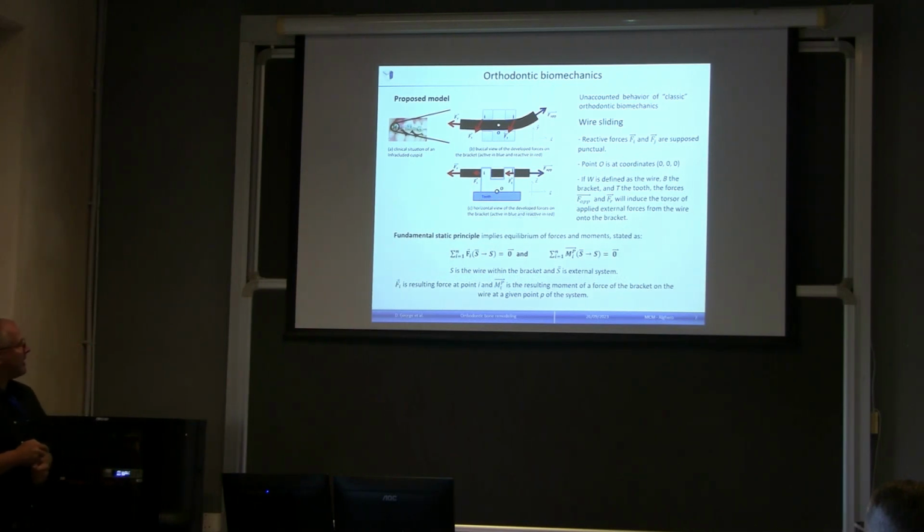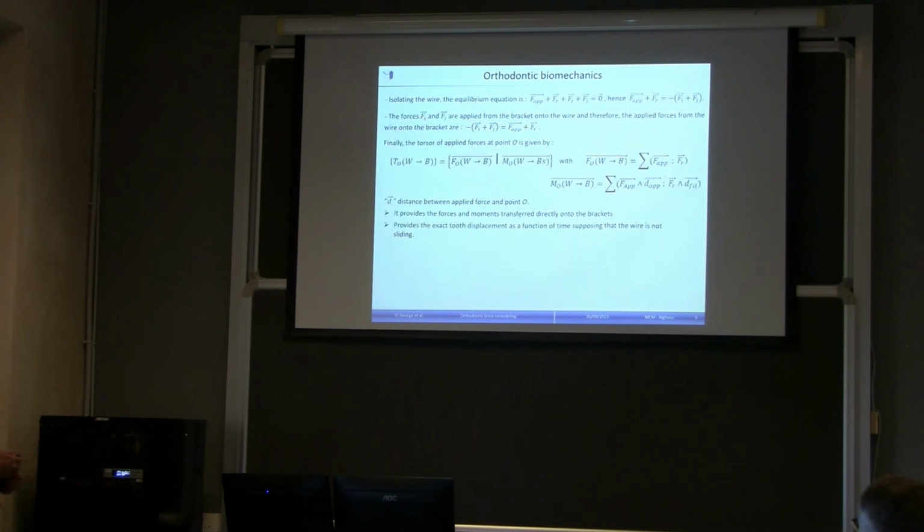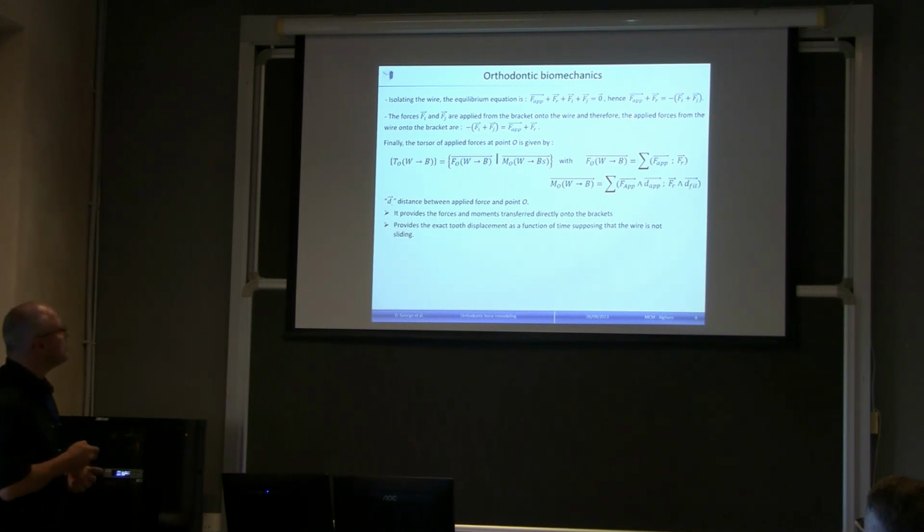What we did was to write the classical simple static equilibrium for this problem in terms of forces and moments. The sum of forces equals 0, the sum of moments equals 0. When we isolate the wire from the external system, we have this equilibrium where the applied force plus the friction force is equal to the reaction force from the bracket.